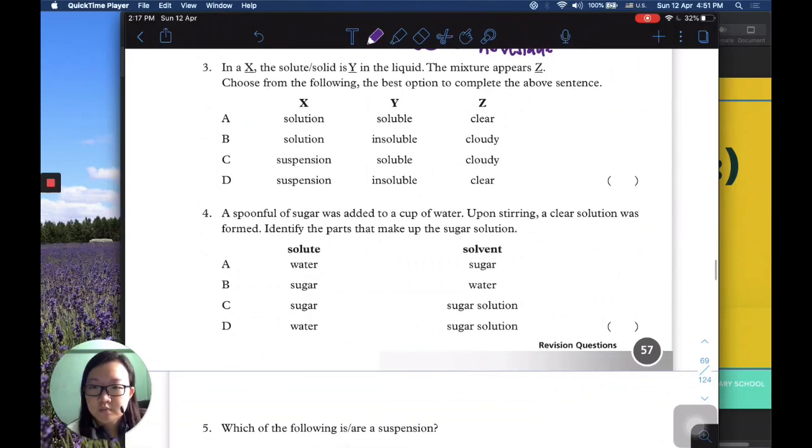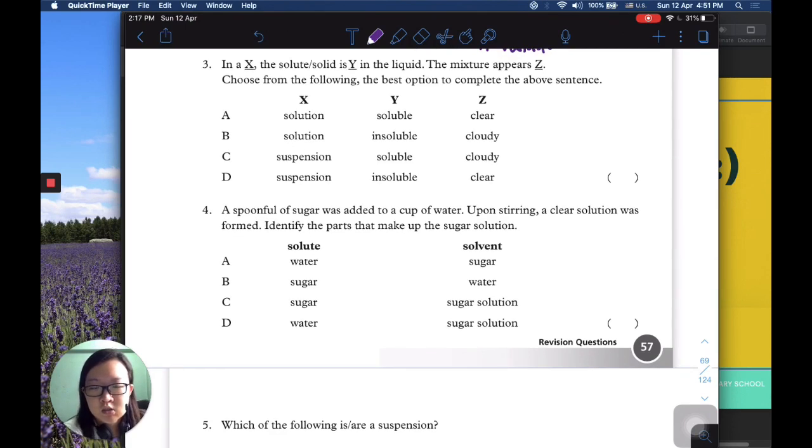Question 3. In a X, the solute or solid is Y in the liquid. The mixture appears Z. Choose from the following the best option to complete the above sentence. For this question, it is easiest to do using the elimination method.